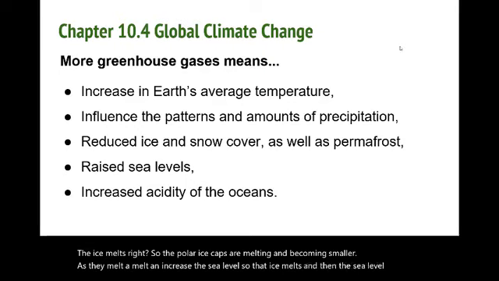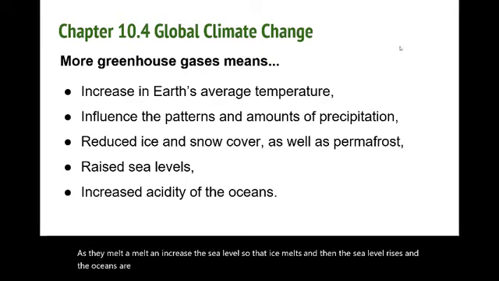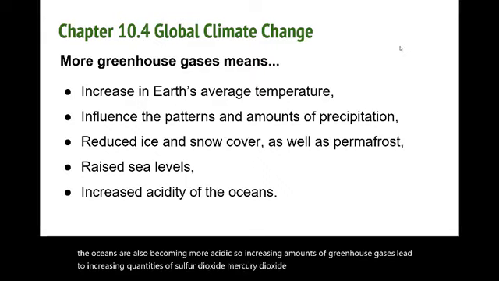And the oceans are also becoming more acidic, so increasing amounts of greenhouse gases lead to increasing quantities of sulfur dioxide in the atmosphere, and that then leads to more acid rain.